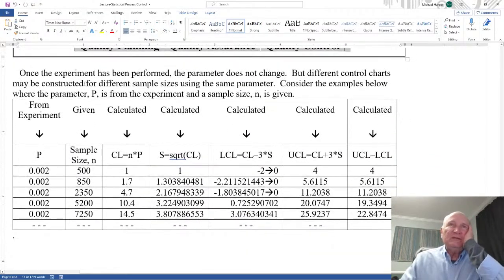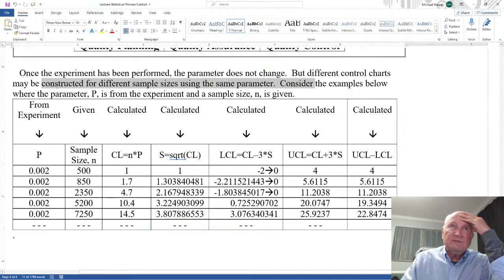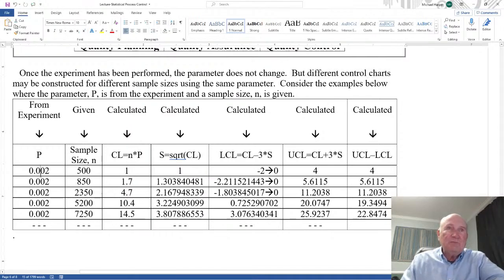Now, once the experiment has been performed, the parameter does not change as before, but different control charts may be constructed for different sample sizes using the same parameter as before. Consider the examples below where the P is from the experiment and the sample size n is given. So now my P is 0.002.